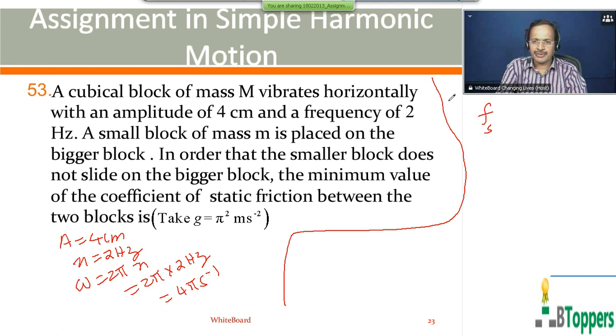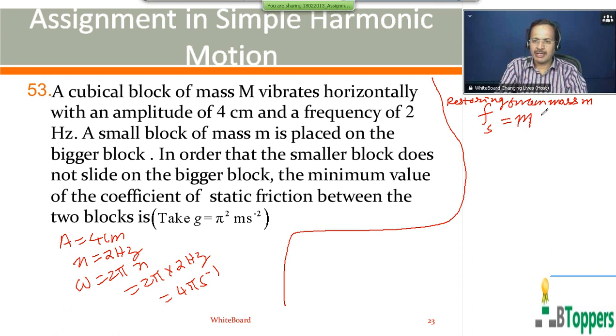So the restoring force on the mass small m when it is at one of the extreme positions can be written as follows. The magnitude of the restoring force on mass small m is the same as the magnitude of the frictional force.